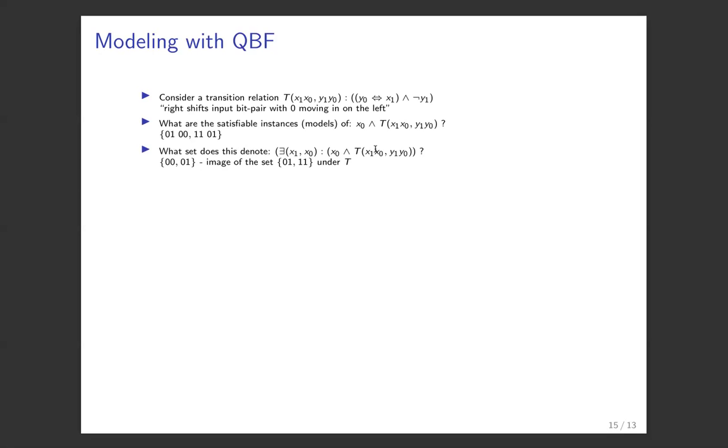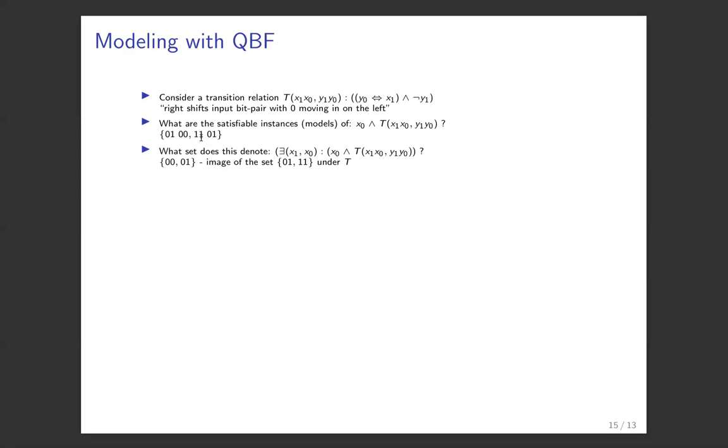The distinction here is that by existentially quantifying this one, I'm making this formula over just the post variables, under this constraint. So it gives all the successor states under T of the starting states in which the least significant bit is 1, which is also the case here.